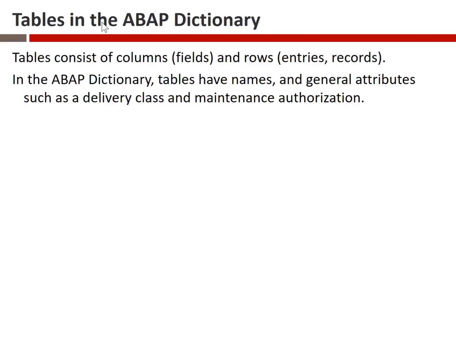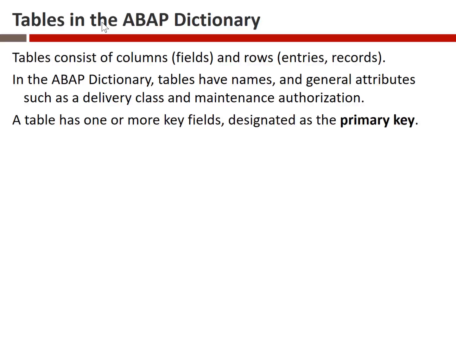And so the point of this is, in the ABAP dictionary, we have things that provide meta information about the database tables in our ABAP system. As you know from taking a database class in the past, every table will have one or more key fields designated as the primary key.